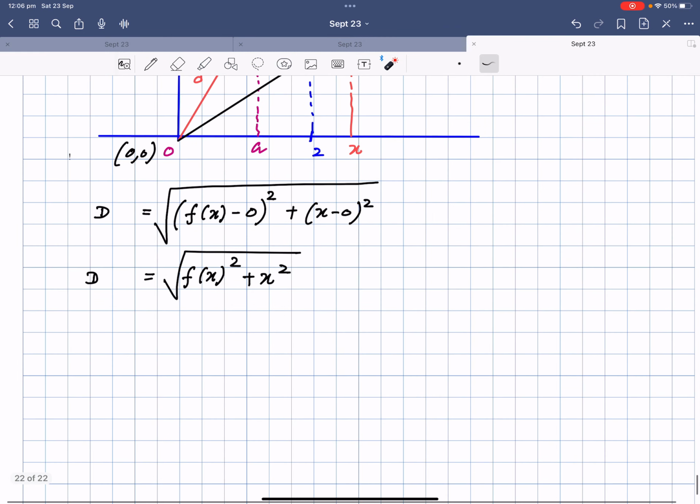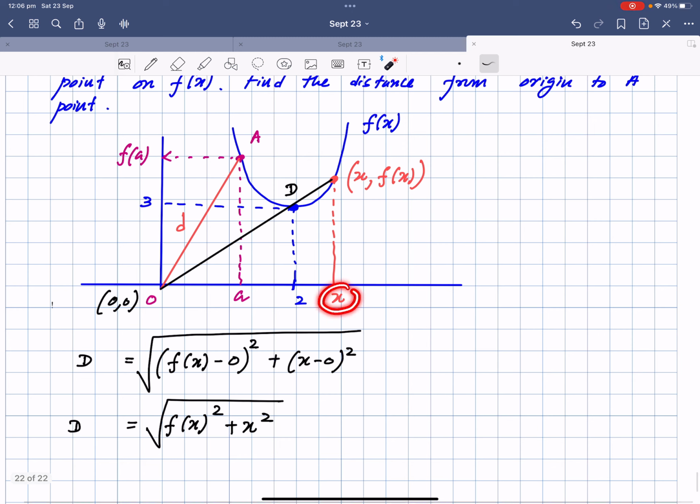Now, if you carefully look into this one, you will see x is a variable. If x is a variable, D should vary with x. So D is a function of x. How do we know that? If x is at this point, you get this distance D. If x is defined at this point, then you can see D is changing. That means the original length I showed you is shorter now. So x is changing point to point, and accordingly D is changing.